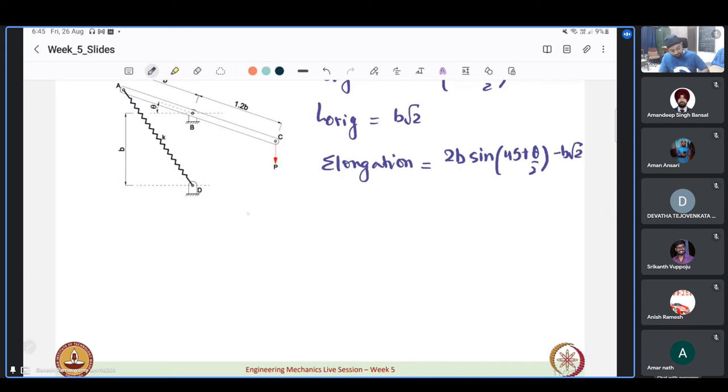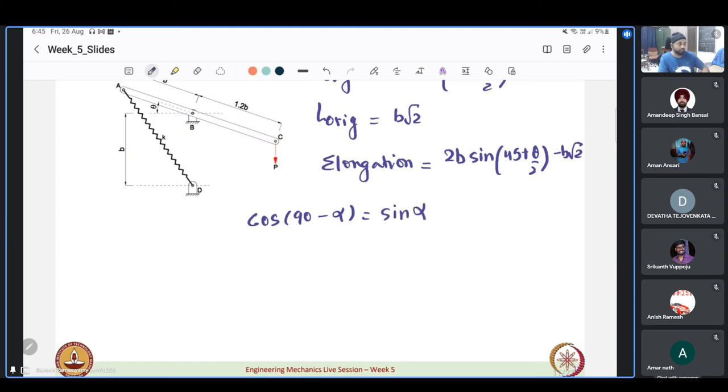So we know that cos of 90 minus theta is sin theta, or rather let me not use theta too much, so as to avoid confusion. Cos of 90 minus alpha is sin alpha.